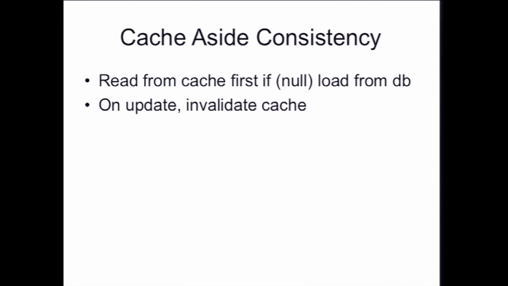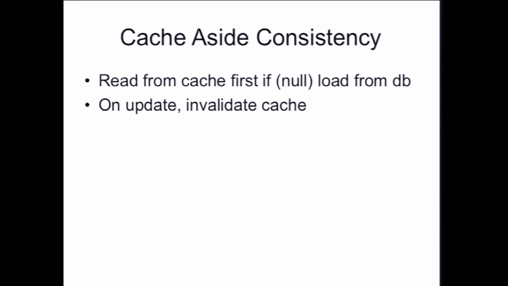When caching aside, you should consider invalidating the cache on updates so that you can have a higher level of consistency, because cache aside creates inconsistency. Your cache and database can go out of sync when you're using the cache aside strategy.